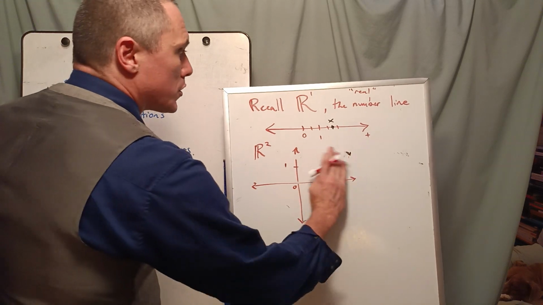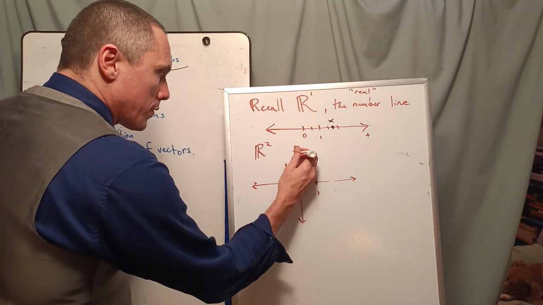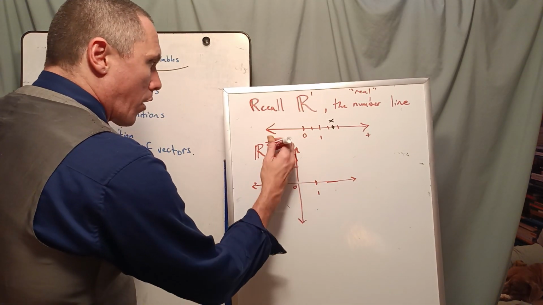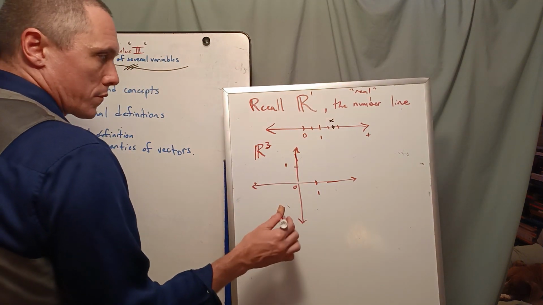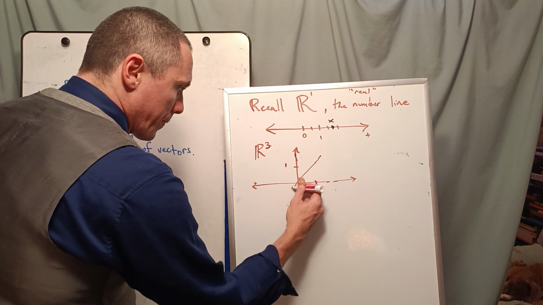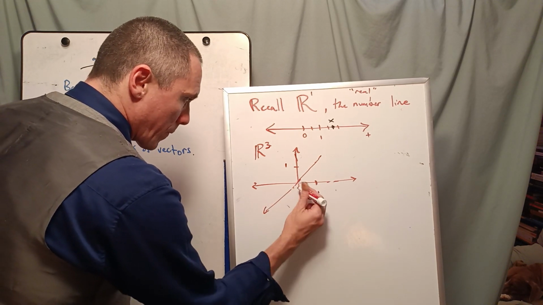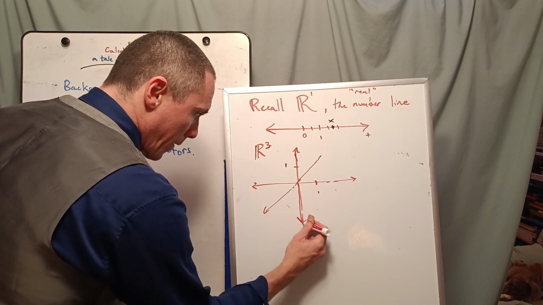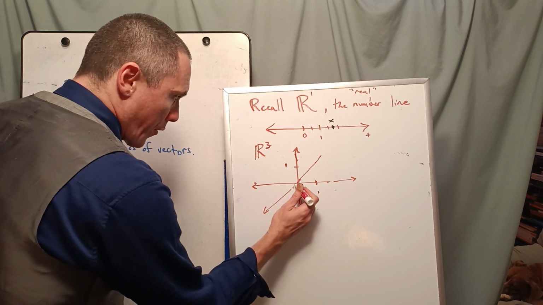So when I go to R3, we still will have another axis here. And you imagine this coming out of the board at you, perhaps.